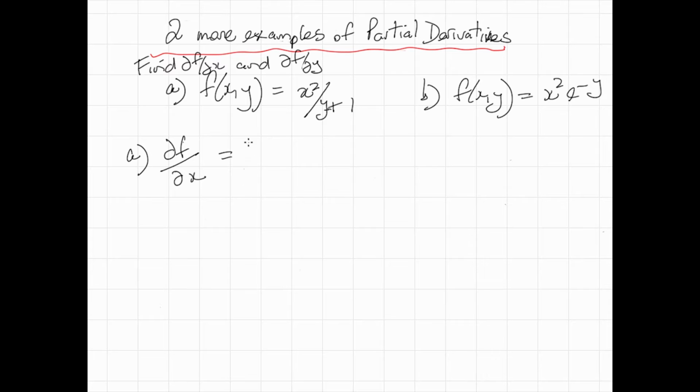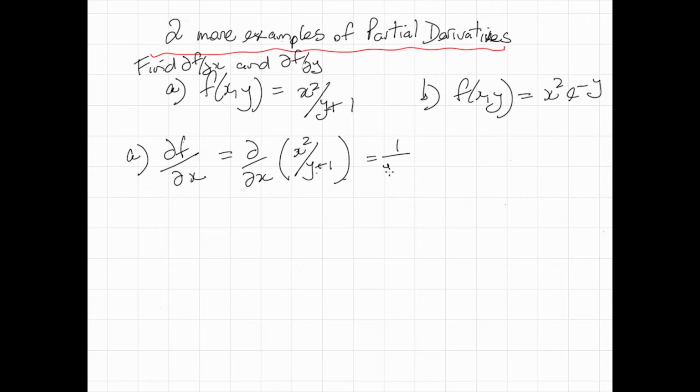So we want the partial of this. Now because we've got y as a constant, that's just like x squared over a constant, so the constant can come out the front.